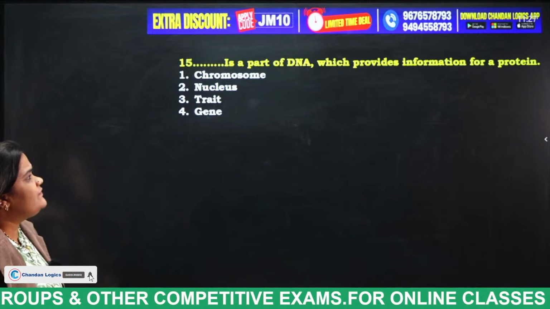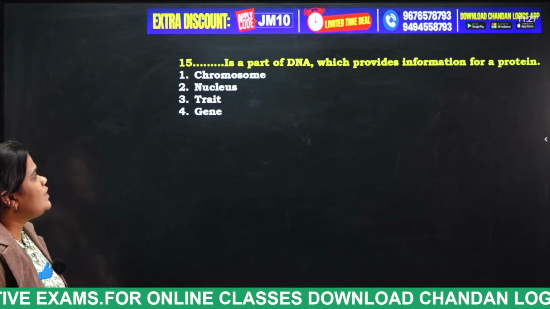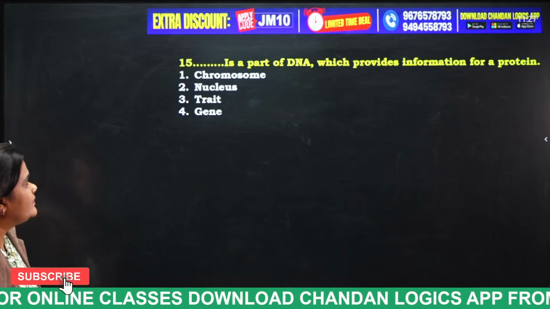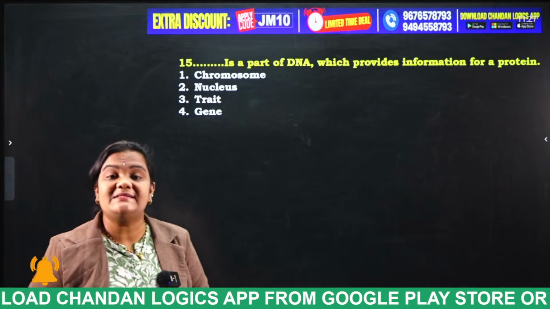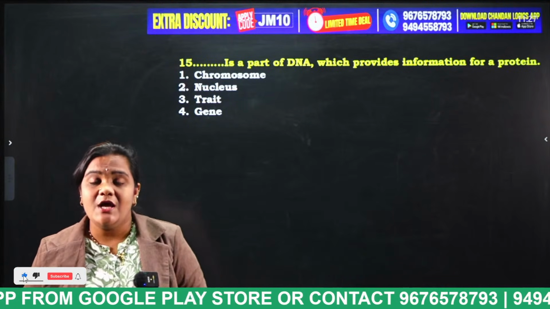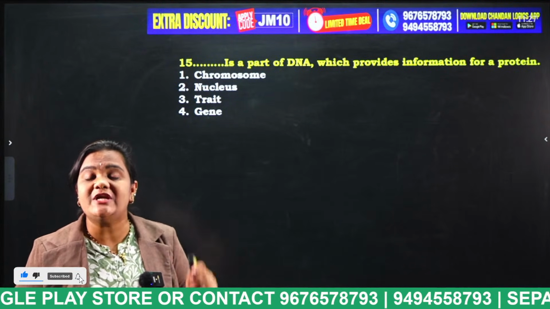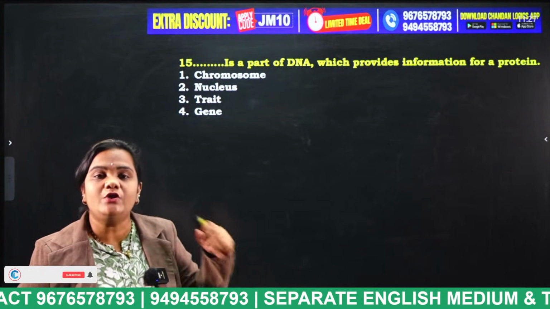Dash is a part of DNA which provides information for a protein: chromosome, nucleus, trait, gene. Chromosomes are present like threads in the DNA material. In each human being there are 23 pairs of chromosomes, in total 46.